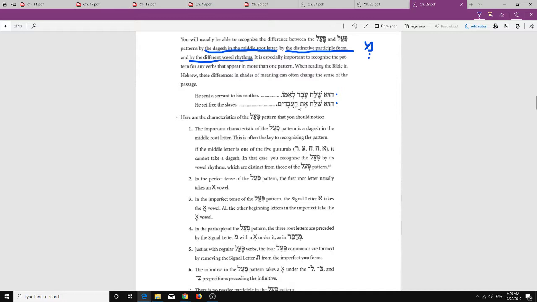Hu shilach et ha'avadim. He sent away the servants. So he set the servants free. Here we can see some of these distinctions: we have the dagesh, right? And we have this hirik in the perfect.